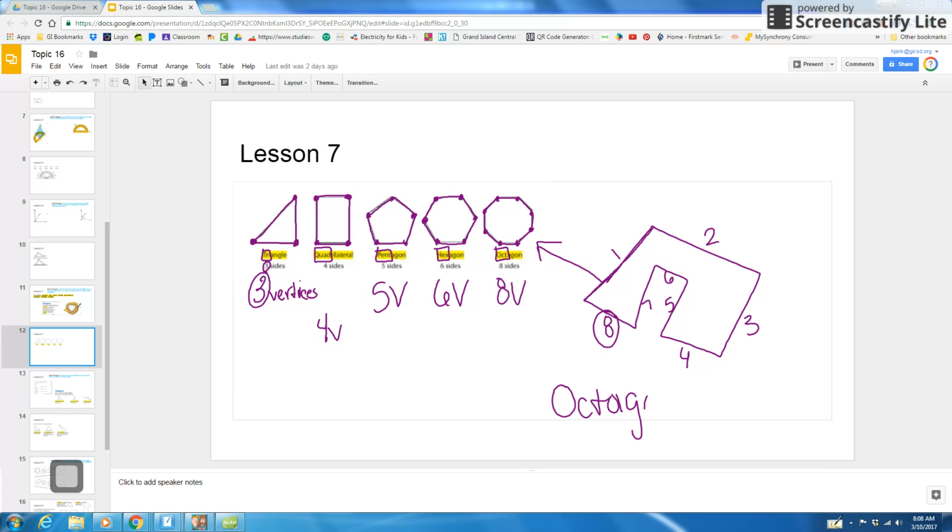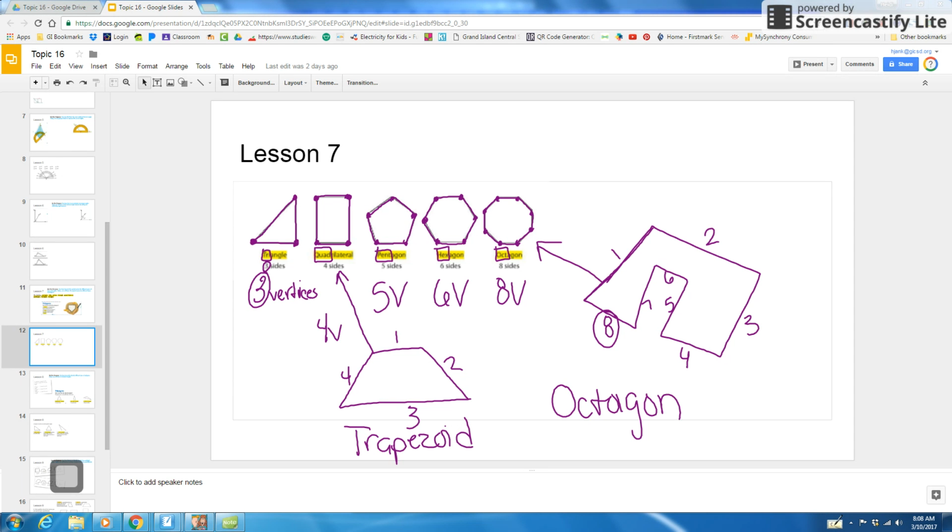Okay. I could draw something like this and count it and say I have 1, 2, 3, 4 sides. This would be classified as a quadrilateral, but this is also known as a trapezoid.